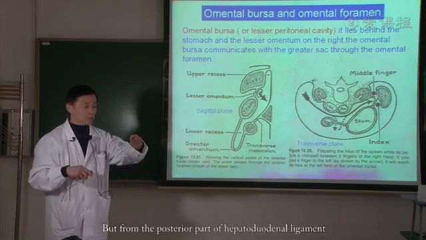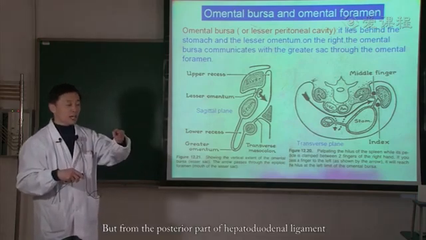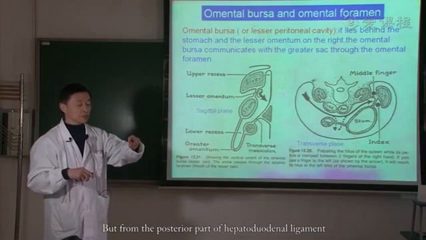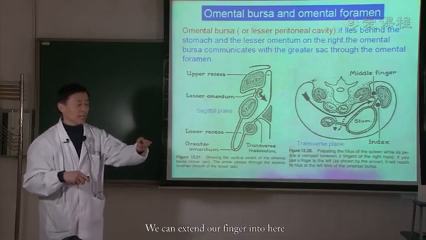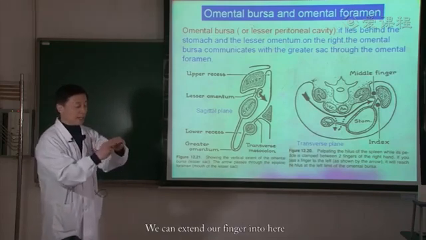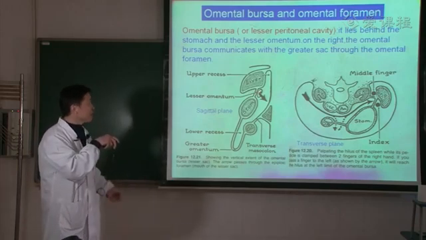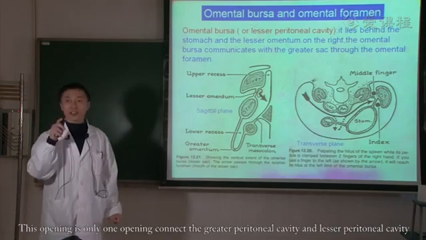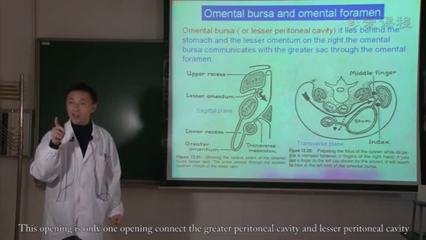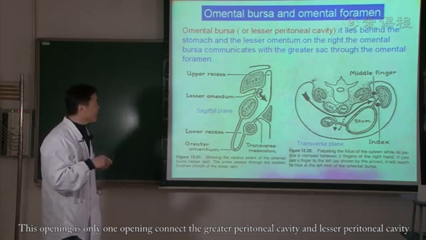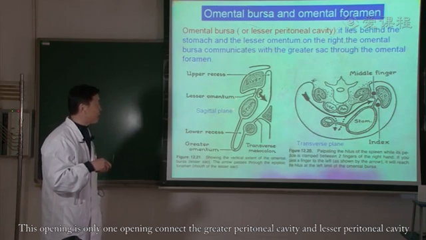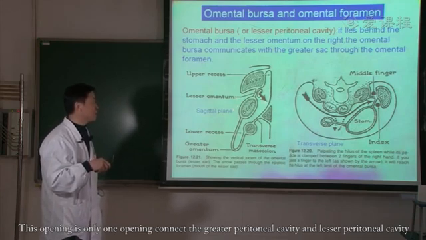From the posterior part of the hepatoduodenal ligament, we can extend our finger into here. This opening is the only one connecting the greater peritoneal cavity and the lesser peritoneal cavity.